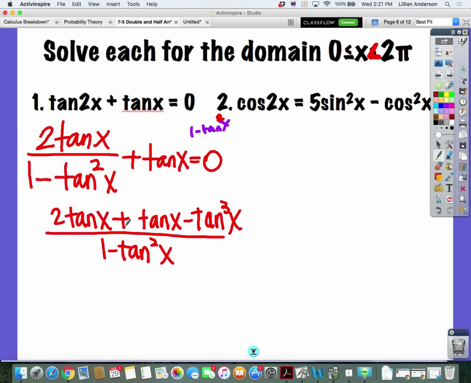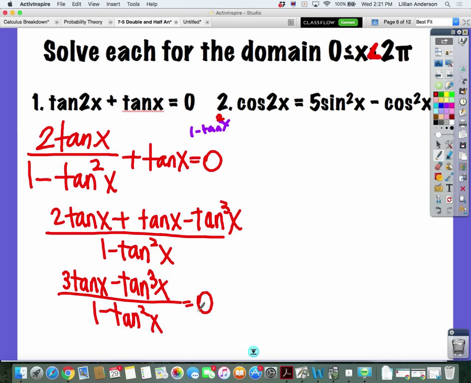Do you see anything? It cancels. You can add the 2 tan x. Yes, I can combine like terms right here. 2 tan x plus tan x is 3 tan x, so I have 3 tan x minus tangent cubed x all over 1 minus tangent squared x equals 0. Can we make the 2?